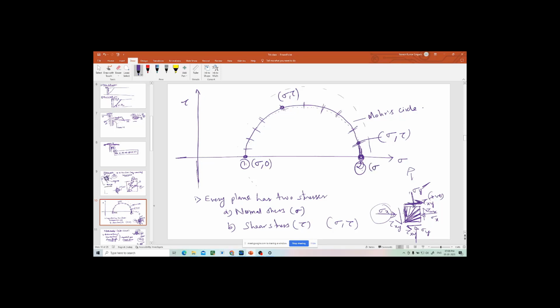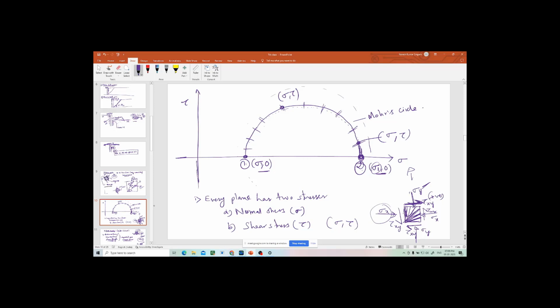In this also there is some sigma value, but tau is zero. Let us say this is sigma 3 and this is sigma 1. The planes on which these stresses act are principal planes because there is no shear stress, and sigma 1 and sigma 3 are called principal stresses. Sigma 3 is lesser than sigma 1, so this is the minor principal stress and this is the major principal stress.